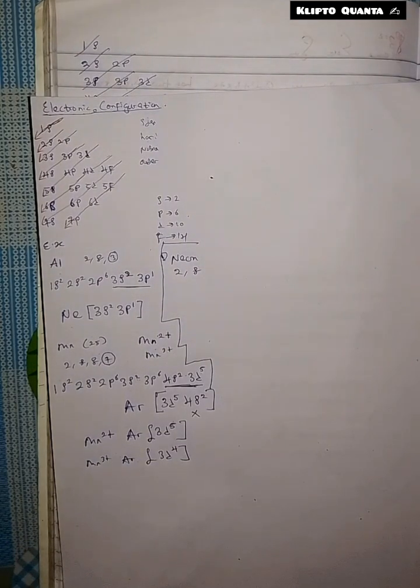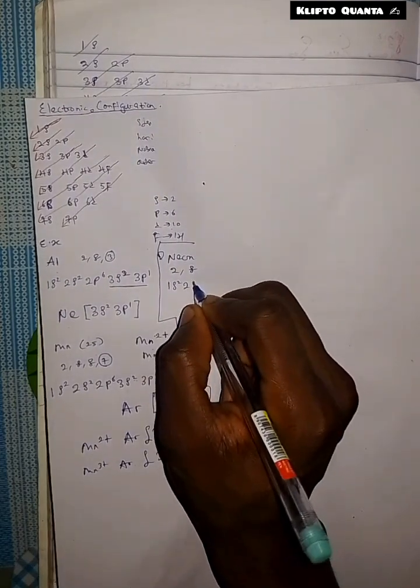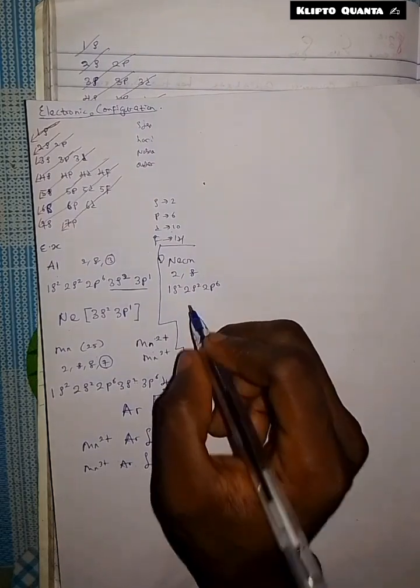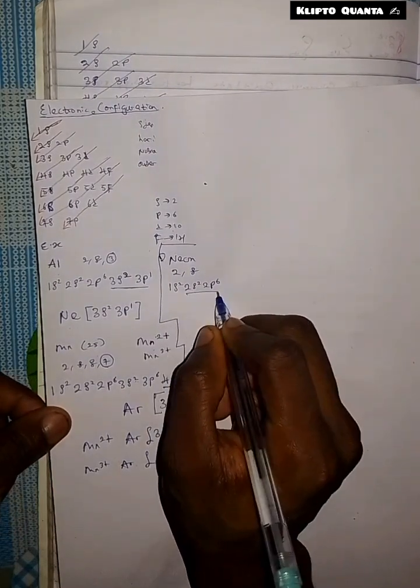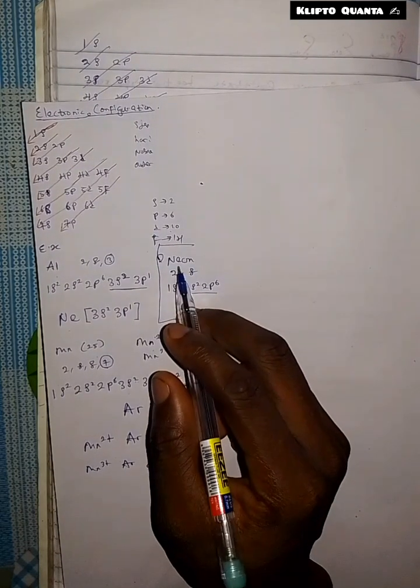For neon, which is 10. So we know that will be 1s square, 2s square, and 2p6, right? And we know what our problem is between these two categorically.